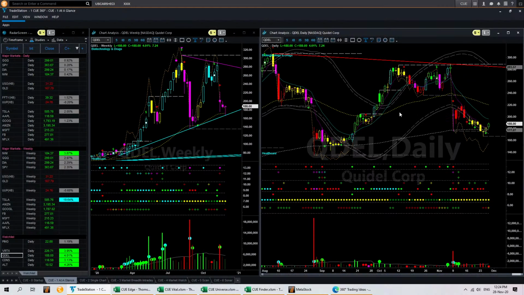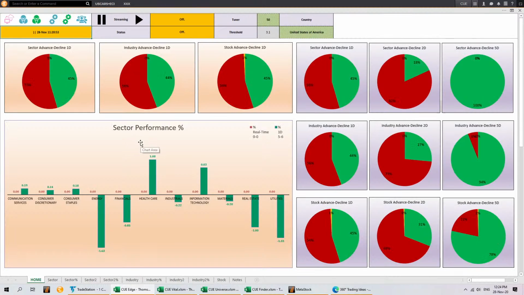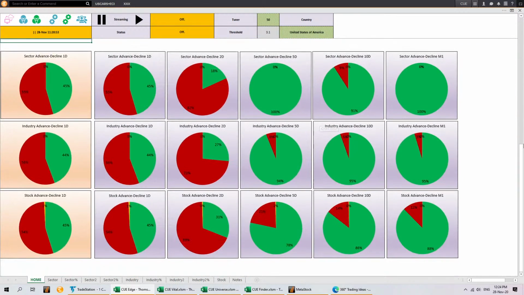Let me spend a few minutes now on the sector strength. We already saw from Q Edge Home the picture, but let me delve into it a little bit. Let's look at the market breadth looked through using sector advance decline, industry advance decline, and stock advance decline.